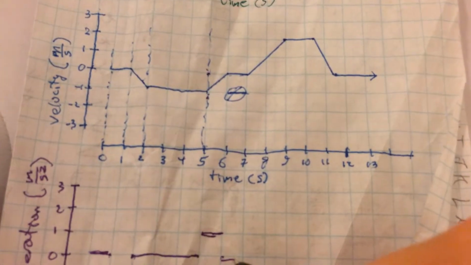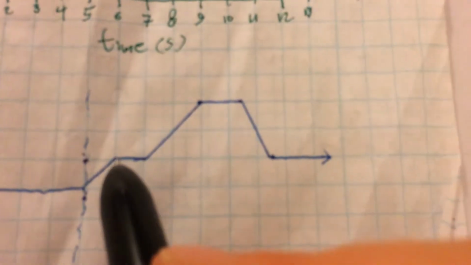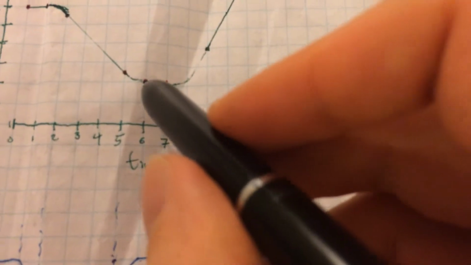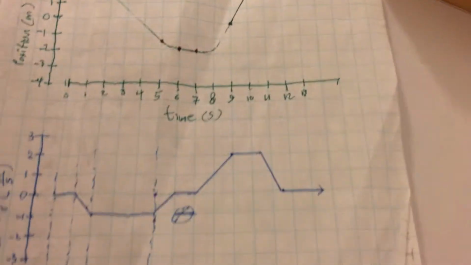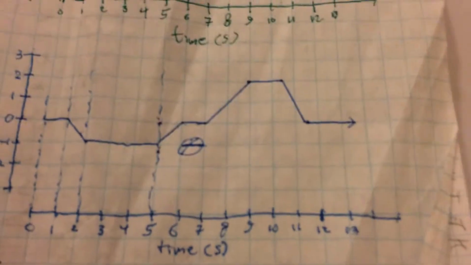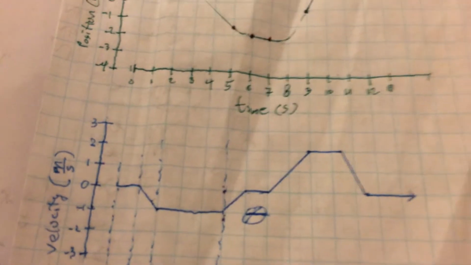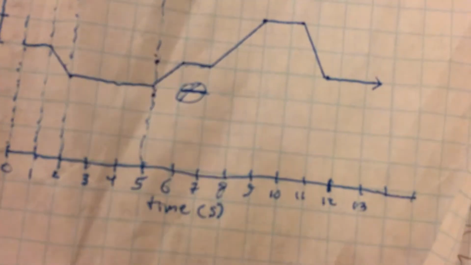So again, 0 meters per second squared, and if we look up at the position graph, it's a straight line there. And then this next section has a rise of 2 over a run of 2, so 2 meters per second divided by 2 seconds gives us 1 meter per second squared, over a 2-second period.